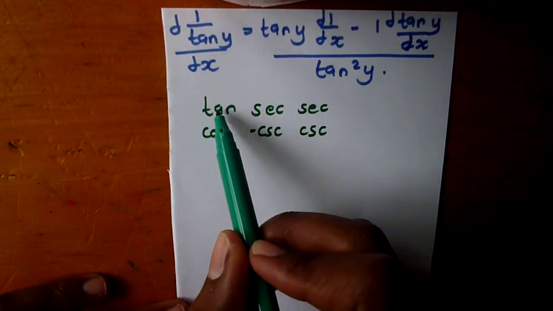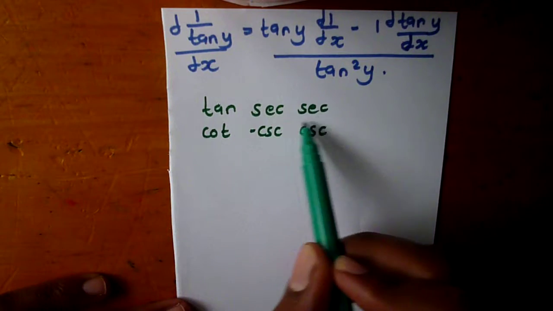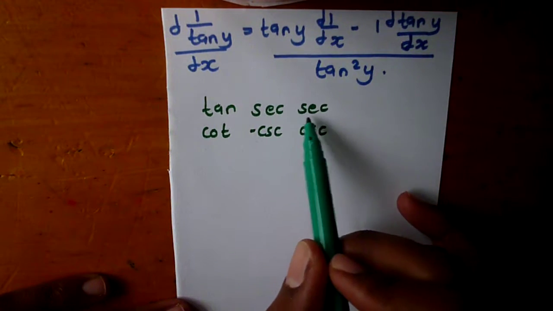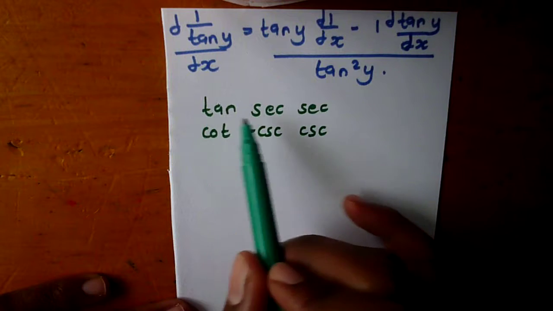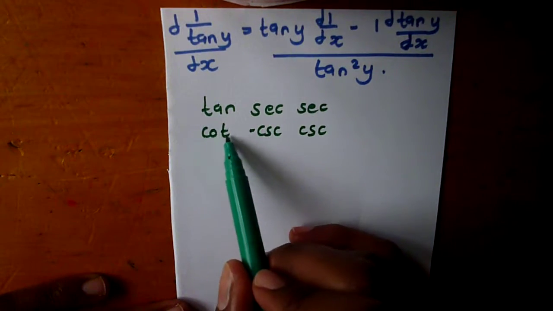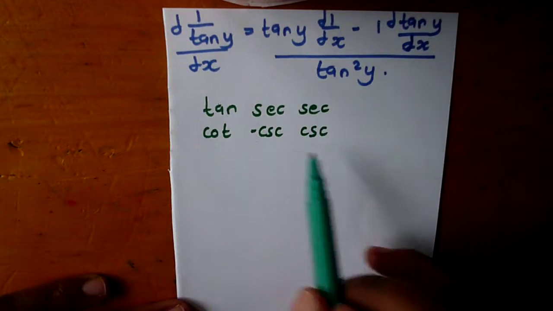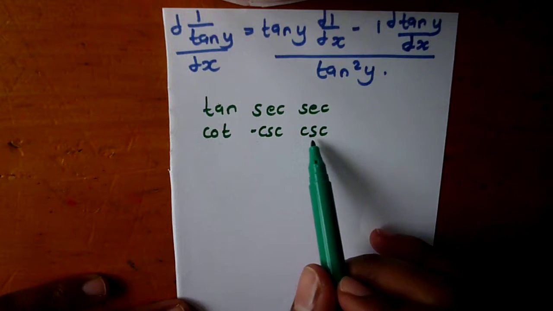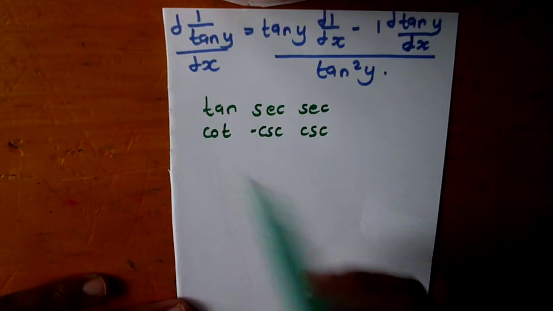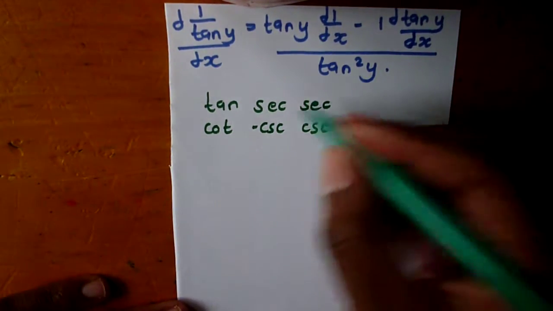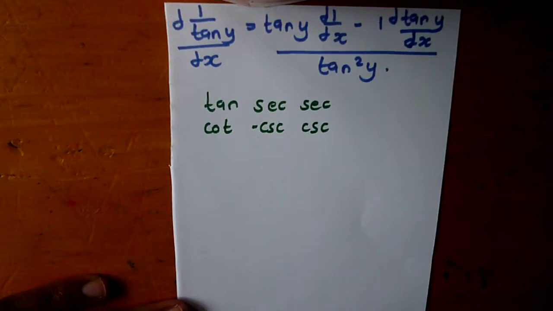The derivative of tan is the product of these two, sec squared. The derivative of sec is sec and tan. The derivative of cot is negative cosec squared, and the derivative of cosec is negative cosec cot. So the derivative of tan is sec squared.